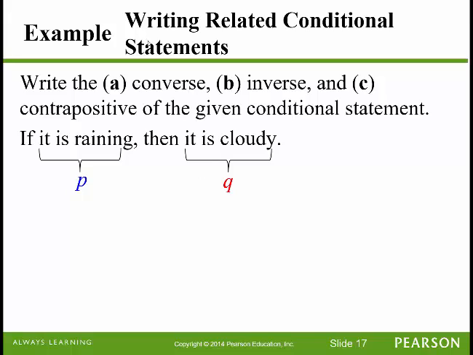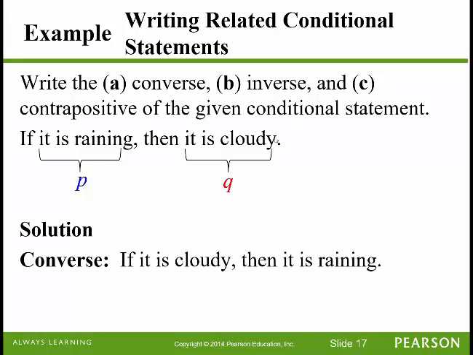All right, let's take a conditional statement. Let's write the converse, inverse, and contrapositive of the given conditional statement. So this is my original statement. If it is raining, then it is cloudy. The converse, remember, takes Q and P and flips them. So the converse is if it is cloudy, then it is raining.